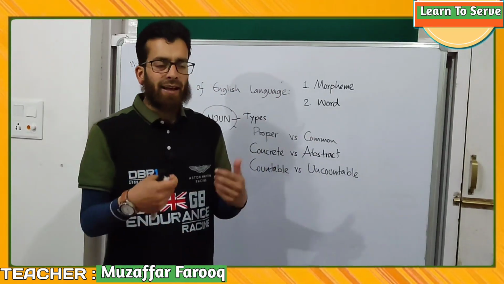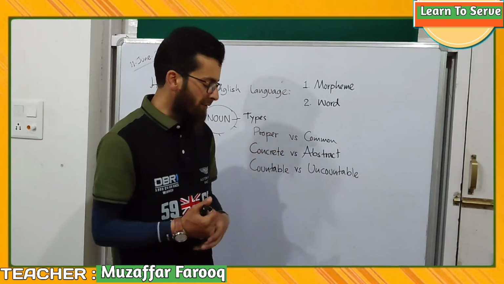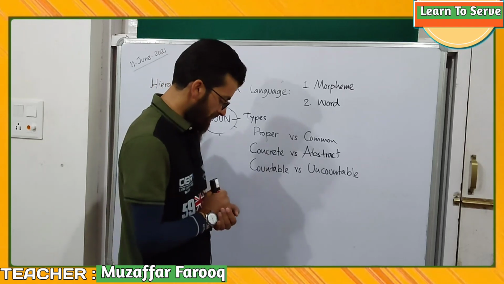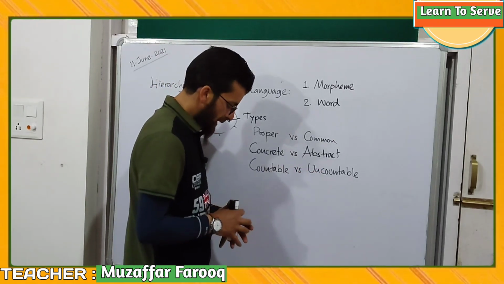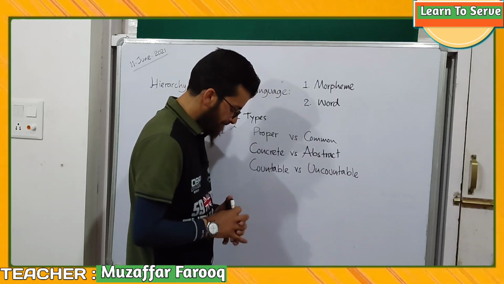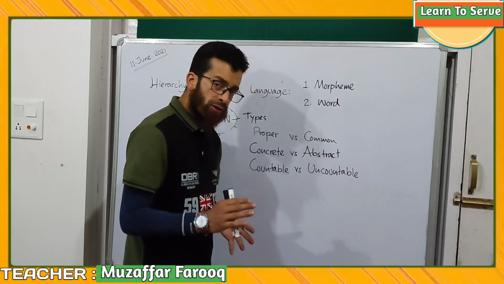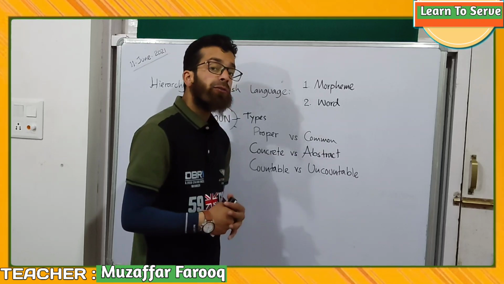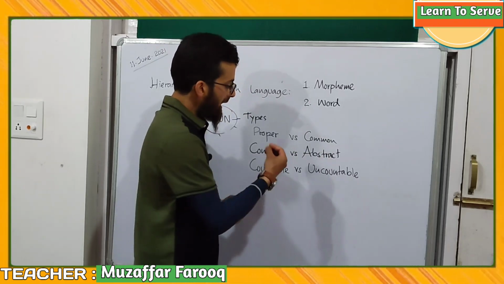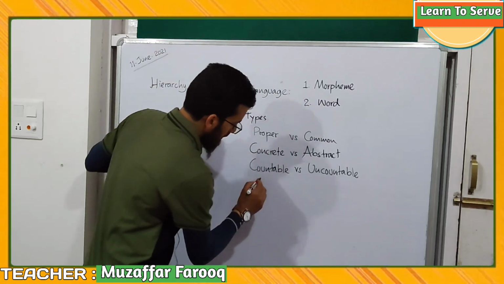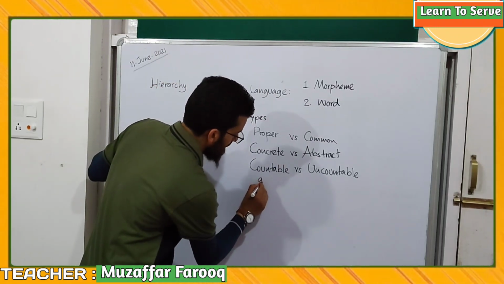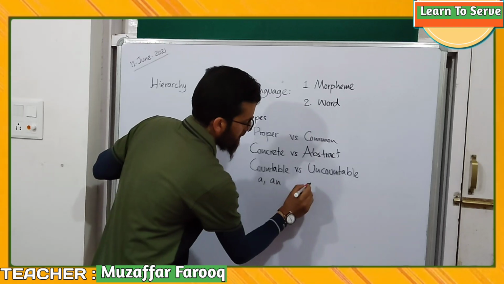So these fall under the category of uncountable nouns. Okay, so countable and uncountable. We have then, uncountable nouns are not preceded by a or an. So you can say countable nouns are preceded by a or an.